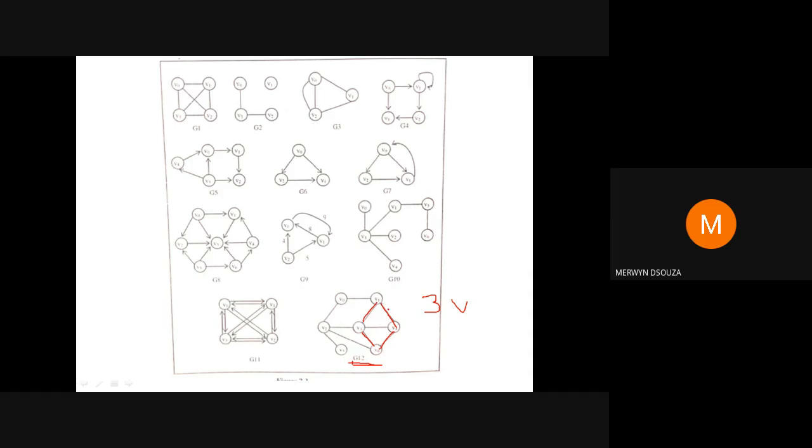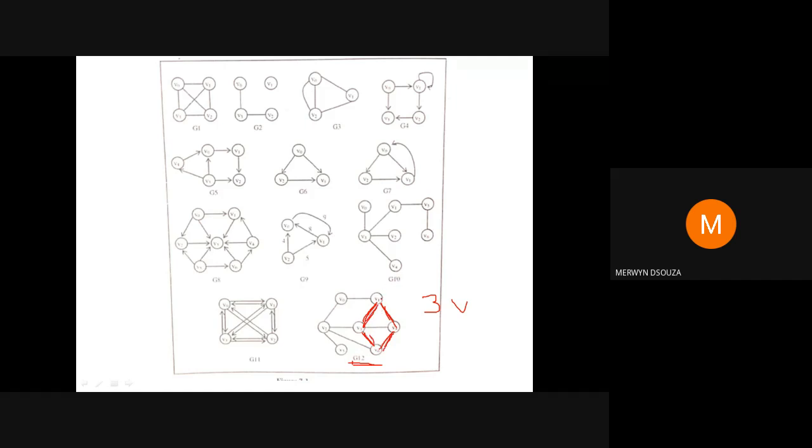The length of this path is 4, with 4 edges, so it is a cycle of length 4.